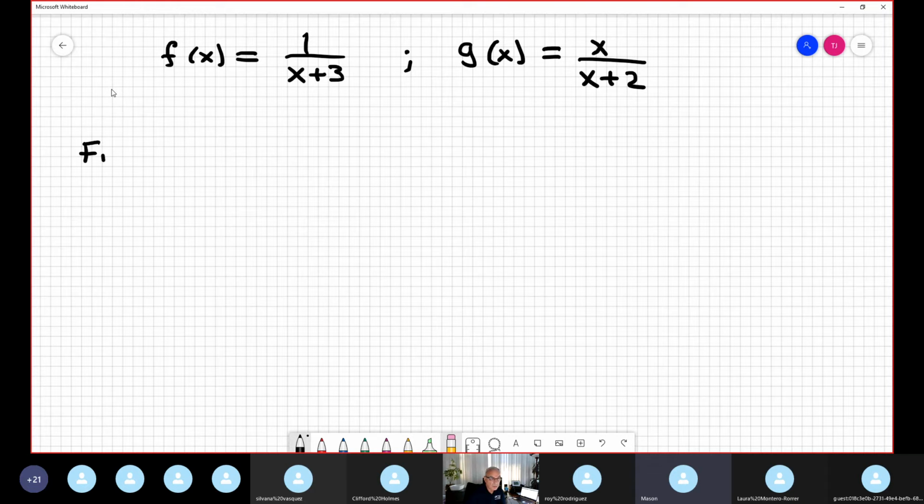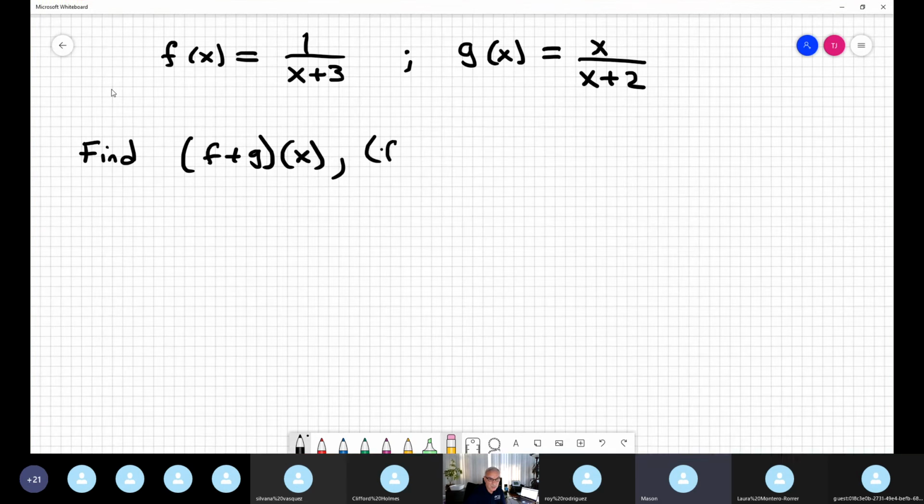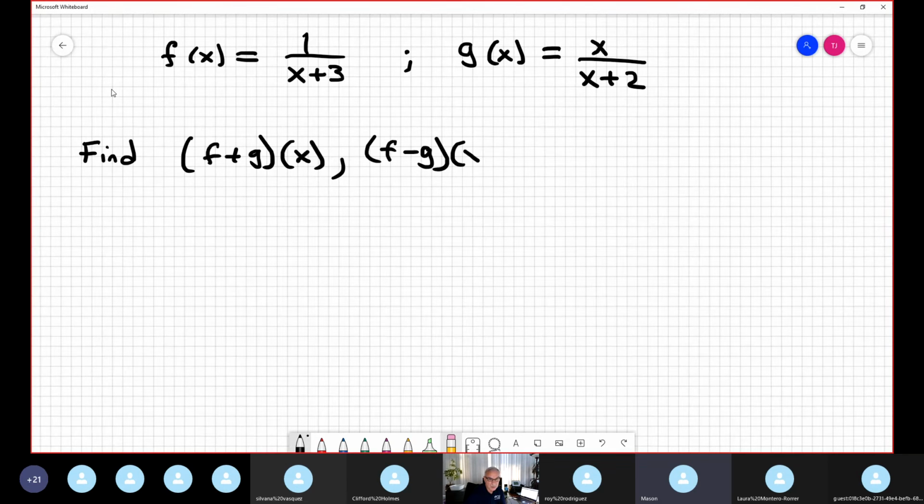You find the function f plus g of x using this new notation. You find f minus g of x. You find the multiplication, f times g of x, and you find the division, f divided by g of x.